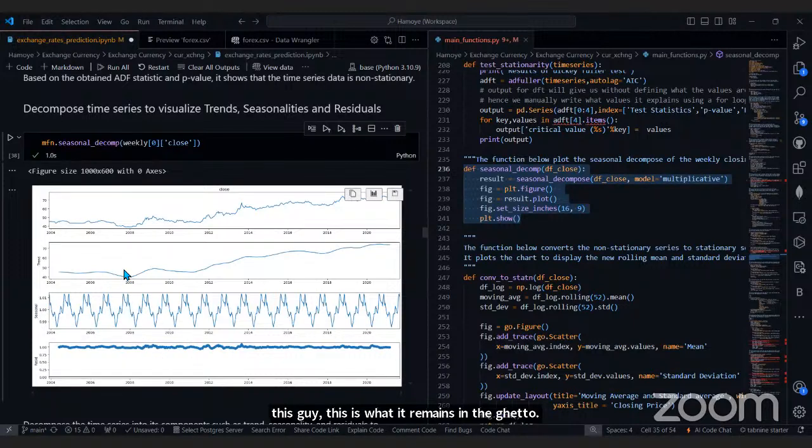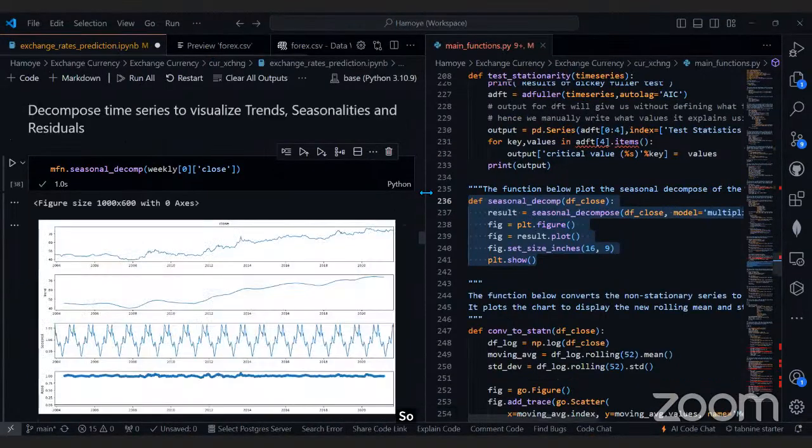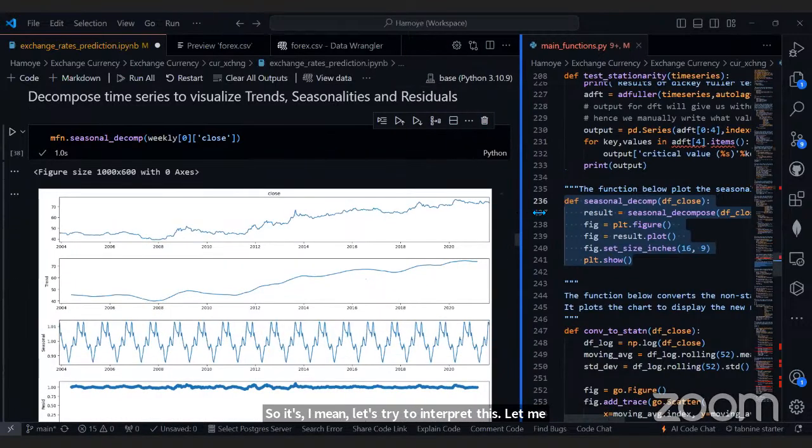This gives you an insight into what each component of the time series looks like. Let's try to interpret this. I just hope you understand. You can always do more research.